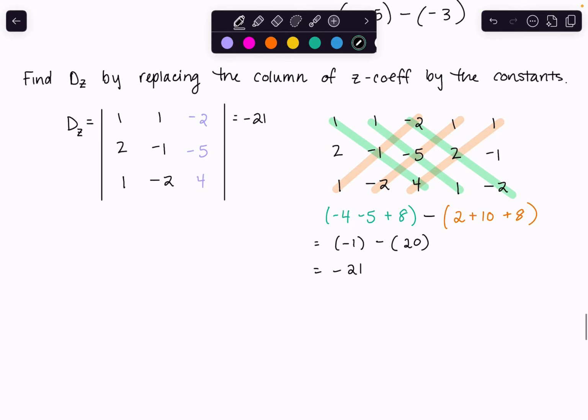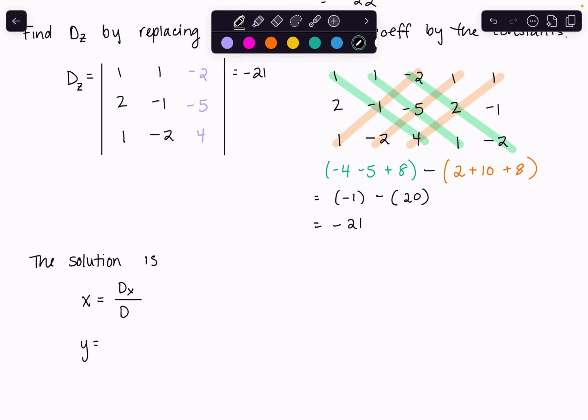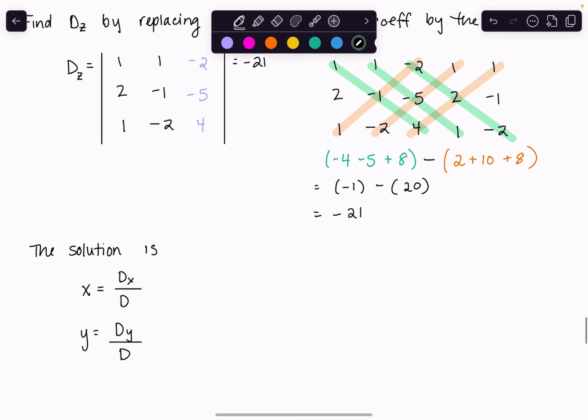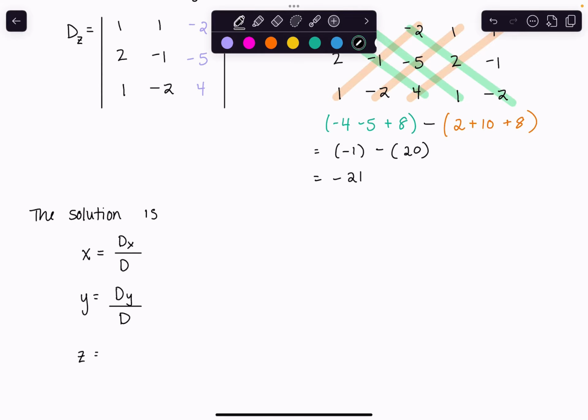So now that we have that, the solution is the following. The x is d sub x divided by d. The y is d sub y divided by the determinant. And z is d sub z divided by the determinant.